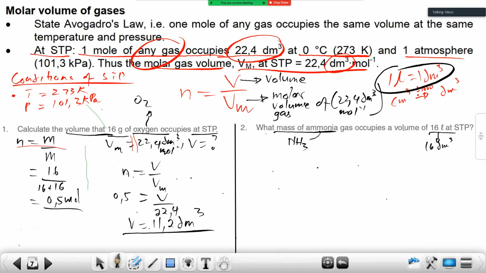So what do I need? I need first to get the number of moles. Is there a relevant formula that I can use? Yes, I can easily say the number of moles is equal to V over Vm. Then I have 16 divided by 22.4, which I will do on the calculator.